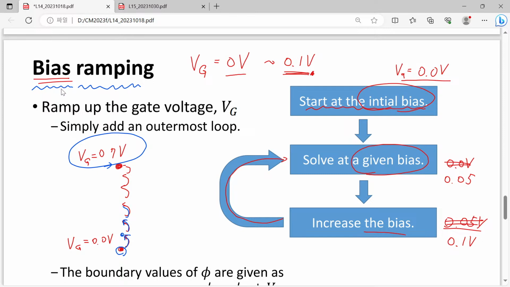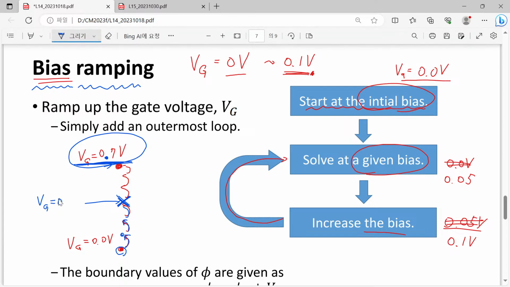Let's say you are much interested in your solution at 0.7 volt, but your simulation is terminated due to poor convergence behavior. For example, your gate voltage is just 0.4 volt.